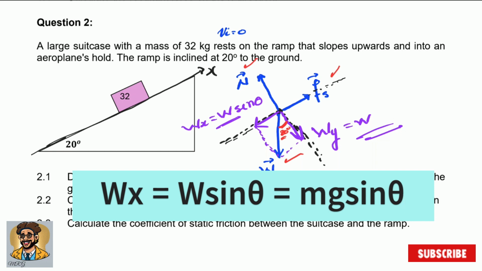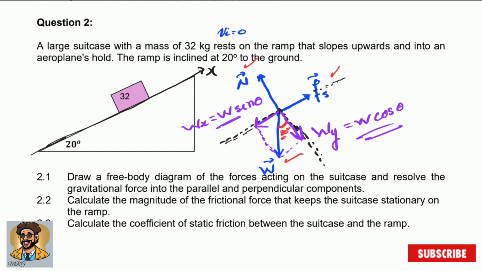That is the answer for 2.1. We didn't calculate the components, but we can actually calculate them and finish with this one. We don't have the weight, but weight is equal to mg, so we can calculate the components now. Let's do it real fast.